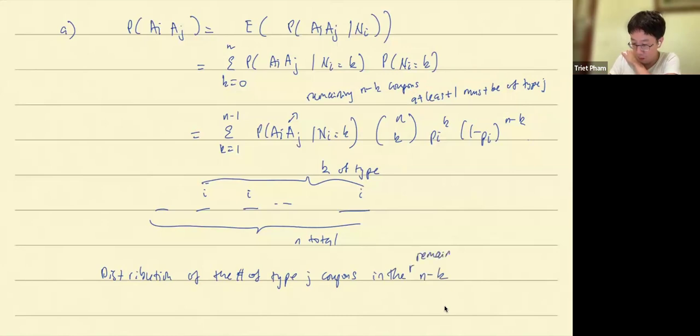I guess this word is important: coupons. What would that be? So let me give you an answer. Is it binomial n minus k, pj?